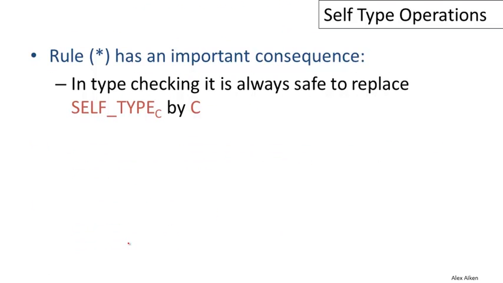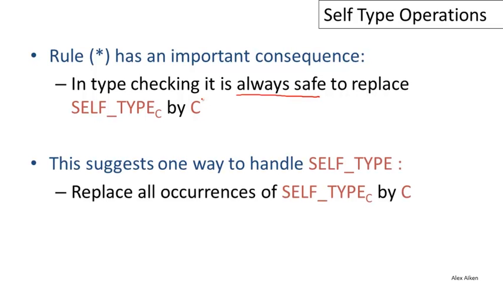Now that rule, that self-type sub C is a subtype of the class C, has an important consequence. It means that when we're doing type checking with self-type, it is always safe to replace self-type sub C by C. So it's okay to promote any self-type sub C, which could be C or a subtype of C, and just say that it's C. And that suggests one way to handle self-type, which is just to replace all the occurrences of self-type sub C by C. Now, unfortunately, that turns out not to be very useful.